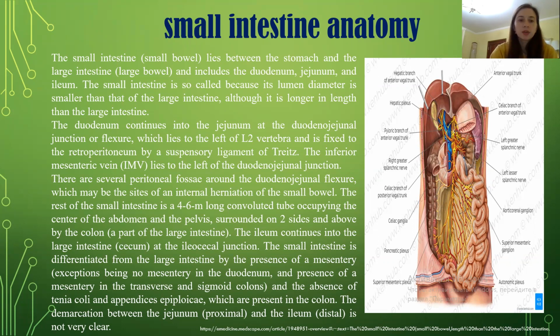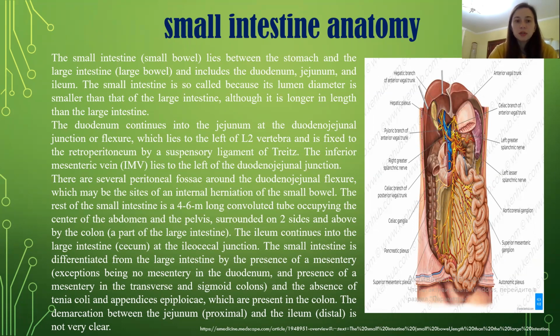The rest of the small intestine is a 4-6 meter long convoluted tube occupying the center of the abdomen and the pelvis, surrounded on two sides and above by the colon. The ileum continues into the large intestine at the ileocecal junction.